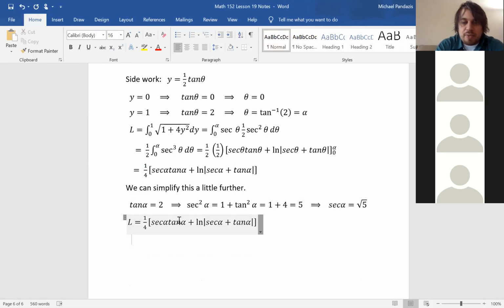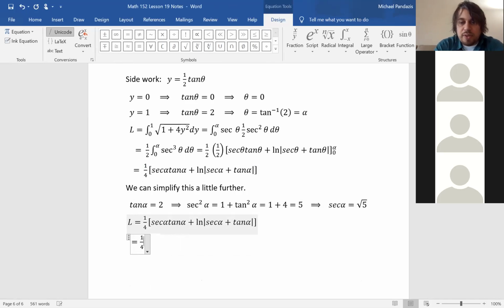And that this is then equal to 1/4 times the square root of 5 times 2, so it's 2 root 5, plus ln of the absolute value, and secant alpha is root 5, plus tan alpha, which is 2.